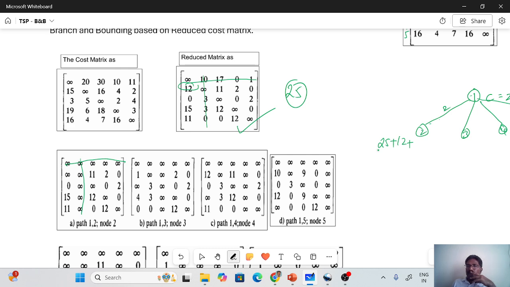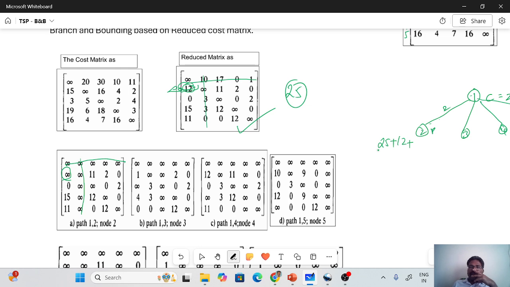Now I am going to get the reduction at this node. So I consider the 25, the previous cost reduction, and the path cost of 1 to 2. When I consider 1 to 2, it must also be set as infinite, because I consider that also.